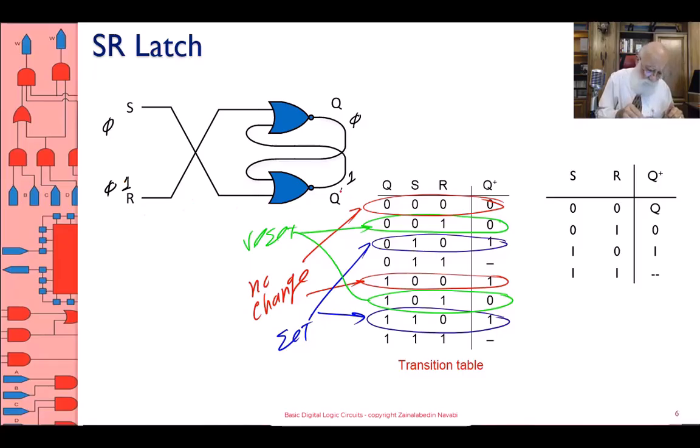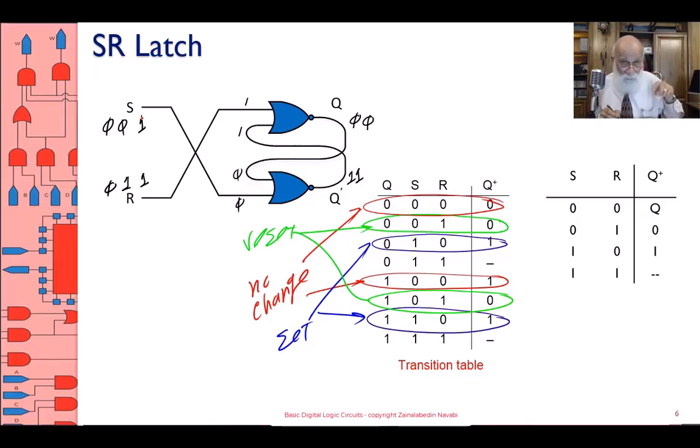R becoming 1, since there is a 1 here, this remains 0. Since there is a 0 here, this remains 1. And S was 0. Now let's say at a later time R remains 1, S changes to 1.